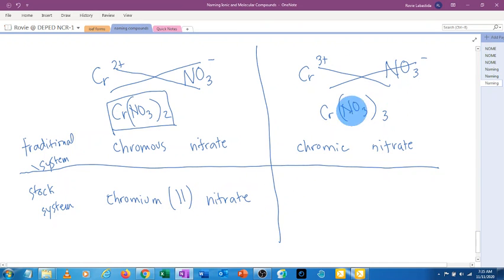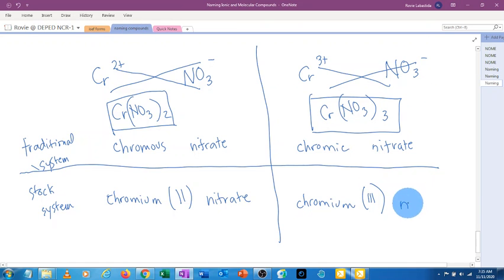So for this one, name the metal first, which is chromium, specify the charge, which is 3, and then just mention the name of the polyatomic anion, which is nitrate.